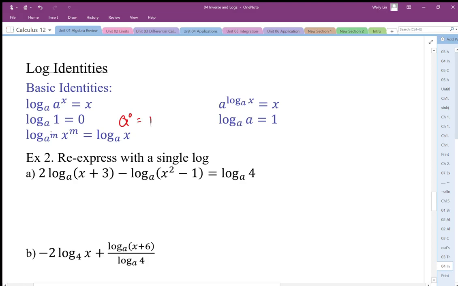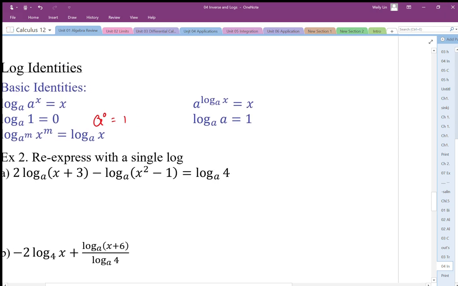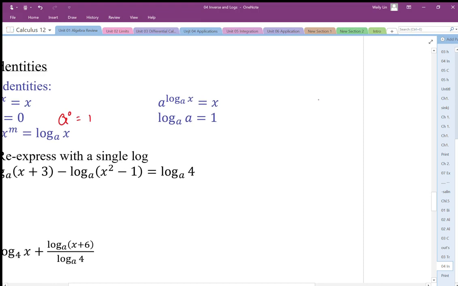And we have this other property that these powers, in a ratio, can reduce themselves. Okay, I'll just give you a brief explanation why. So we have log base a to the power m of x to the power m, and let's say that's equal to b, some exponent b.